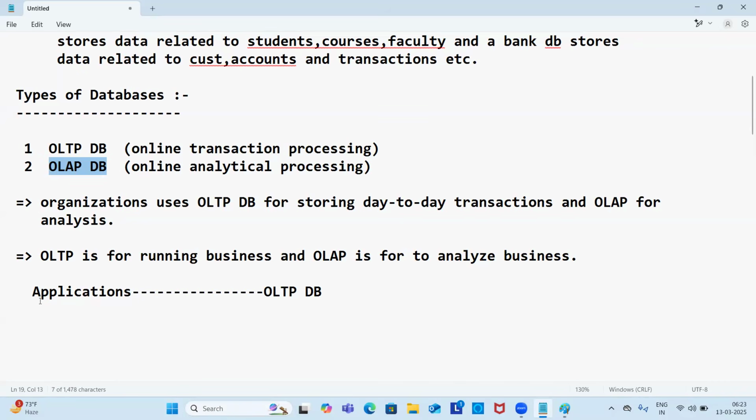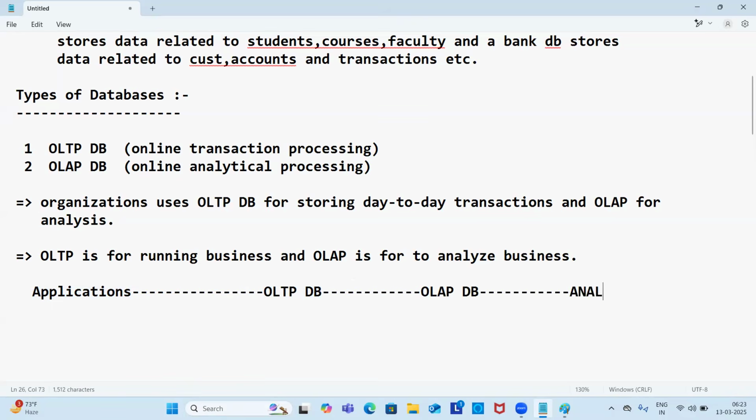So the application generates the data. Data generated by the application is stored in OLTP, but the data stored in OLTP is not suitable for analysis. That is why they copy this data to another database, which is the OLAP database.